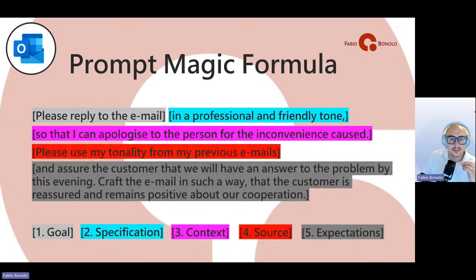And assure the customer that we will have an answer to the problem by this evening. Craft the email in such a way that the customer is reassured and remains positive about our cooperation. These are your expectations. So here, in this example, I just put some more expectations in it. As I said before, I saw prompts that are one page long and half of the page are the expectations.